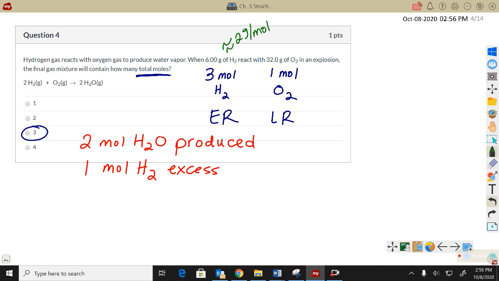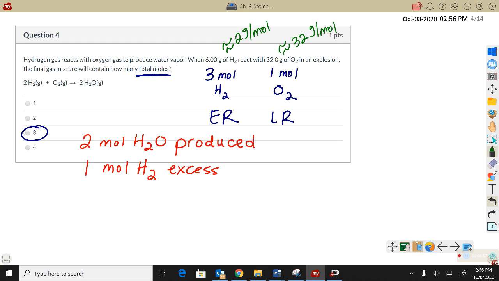I've got 6 grams, so that's 3 moles. Oxygen's mass is like 16. The diatomic molar mass is about 32 grams per mole, and I have 32 grams. So I've got 1 mole.